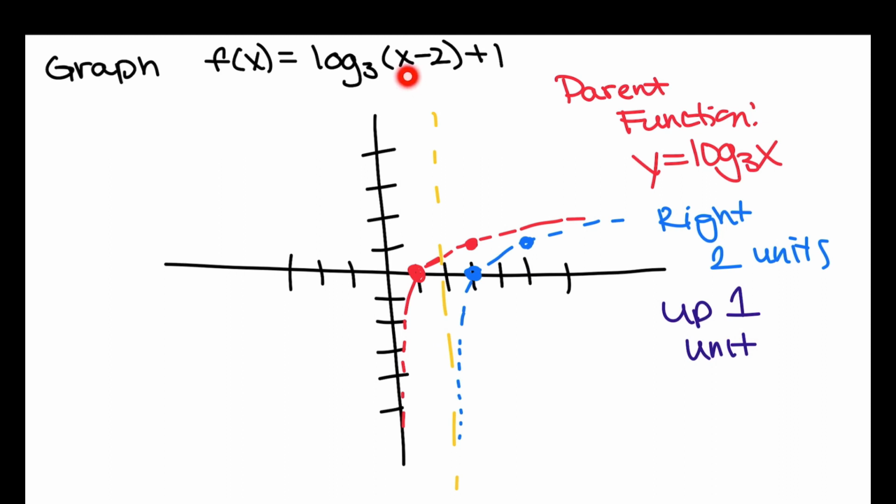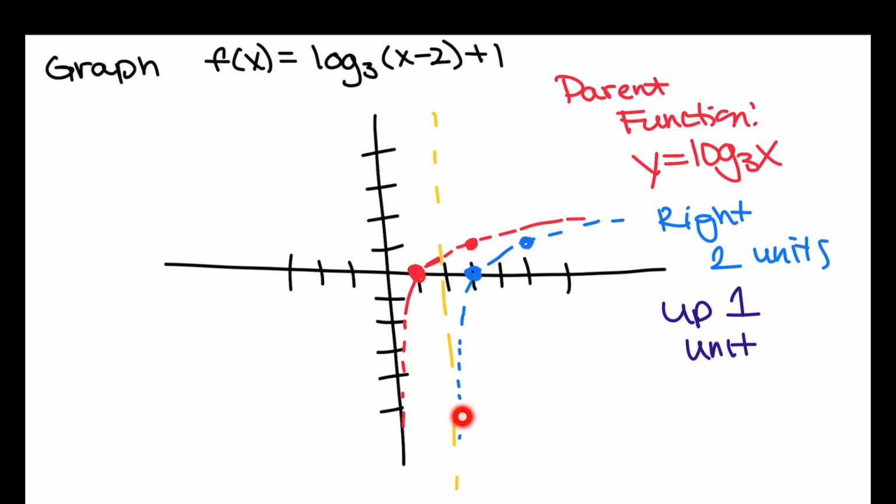Then this x minus 2 inside the parentheses is going to take the graph and shift it to the right 2 units. So I took my x-intercept, I moved it 1, 2 units to the right. I took the point 3, 1, moved it 1, 2 units to the right. My asymptote also moves 2 units to the right. So now I actually have an asymptote at x equals 2.